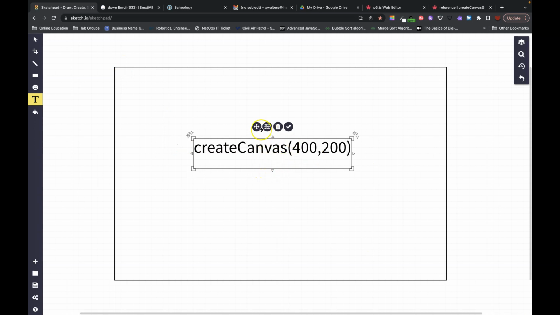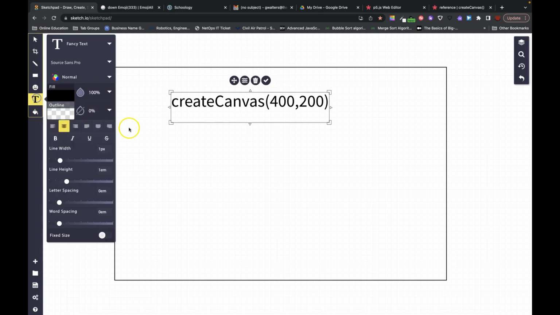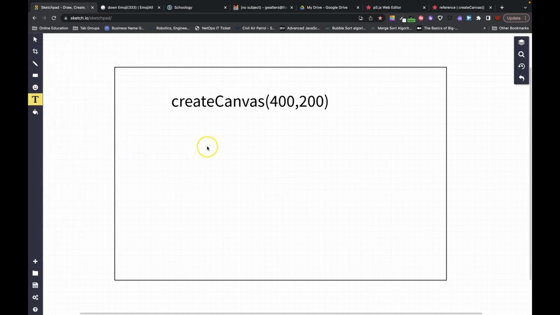Now there are some built-in variables that become very, very useful when we're trying to reference things so that we can draw stuff on our screen. When we create the canvas, we need something to reference the size, because if we're always having to say 400 for the width when I'm trying to position something, that could be problematic.